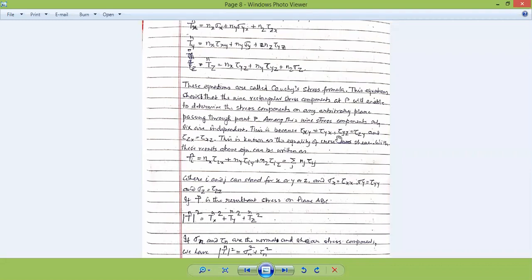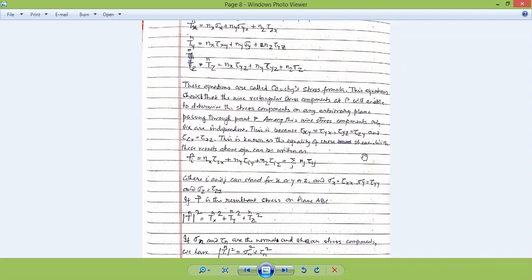This equality of shear stresses is defined as equality of cross shear: shear stress acting on x plane and pointing towards y direction is equal to shear stress acting on y plane and pointing toward x direction. These 2 shear stresses are equal as per the equality of cross shear.